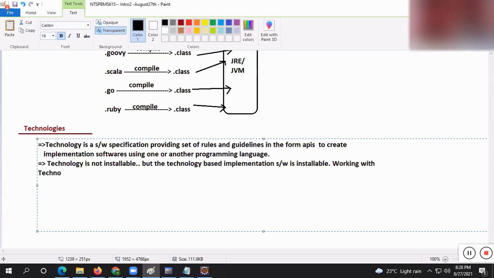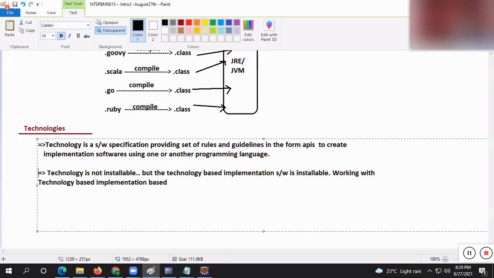Working with technology-based implementation software is nothing but working with technology. I will give notes in simple English, guys. When you read the notes, you will feel one more time that I am standing in front of you and speaking, boss. Simple English I will use. Don't worry.